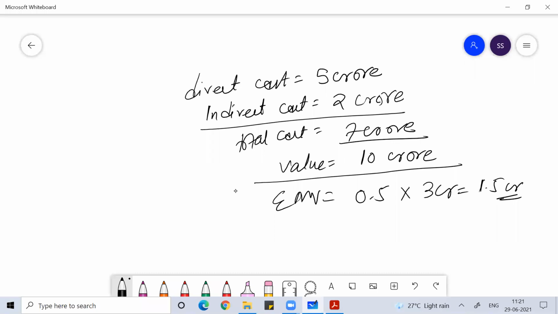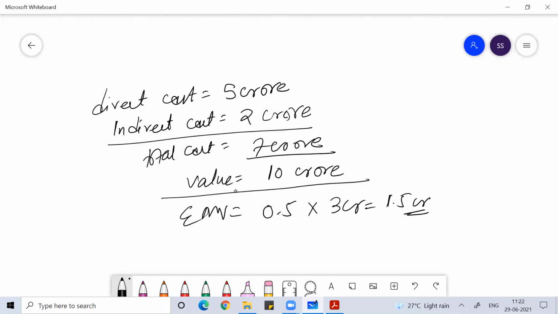Any doubt? Fine. So if I do the construction by myself, this would be my economic value.